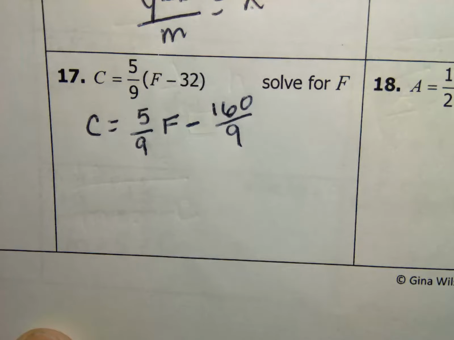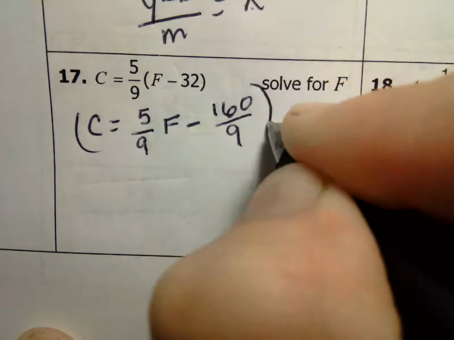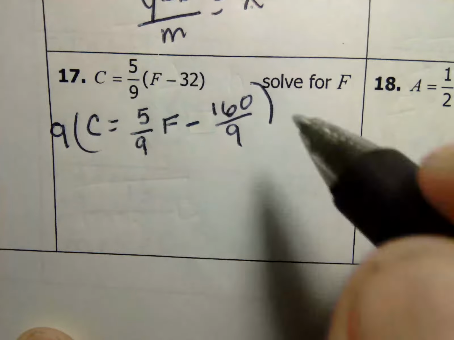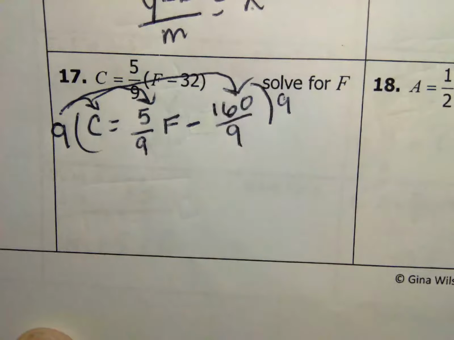What's next? So to show you, I'm multiplying everything by 9. I can put the 9 on this side too. But what we're doing is multiplying everything by 9.